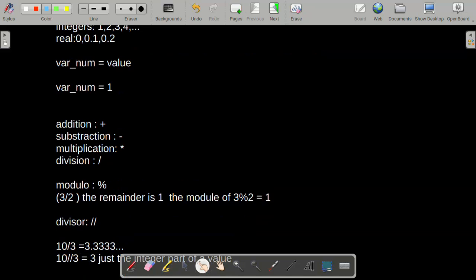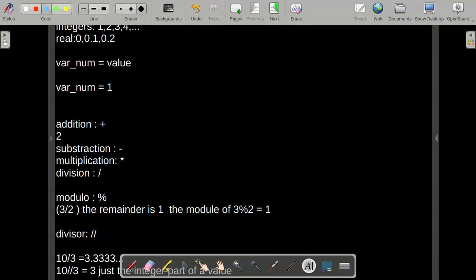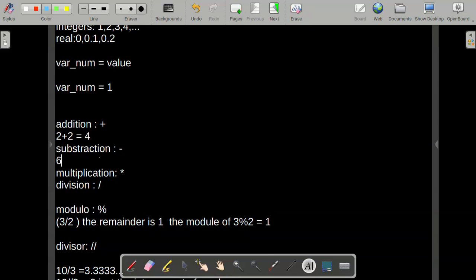All right, so with numeric values, you can perform the following operations. Addition, which is denoted by a plus sign. You can add two numbers using the normal operations, where we have, for example, 2 plus 2 equals 4. Subtraction, where we have 6 minus 1 equals 5.